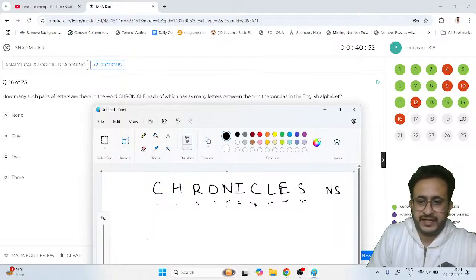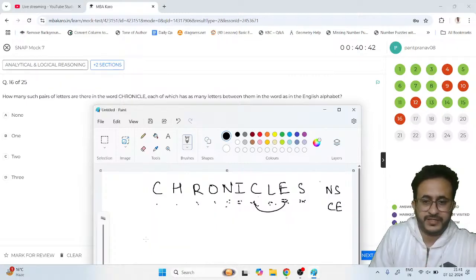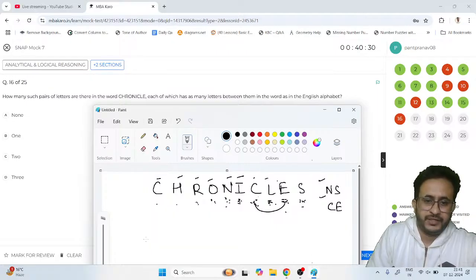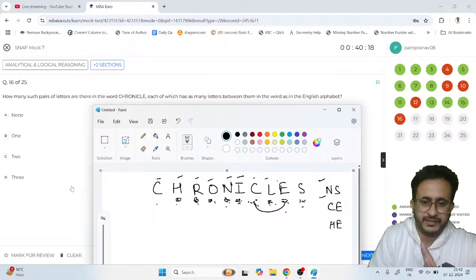I J K L M C D E. So C E is another pair. Okay, C D E F L M N E. So forward we have two pairs, and going backward S T U V. So from S E F G H I J K L M, no pair. L M N O P Q, so no pair. Okay, C D E F G H. So E H is one pair. So basically H E. Now there is one option which says 3, so I will pick 3 as the option.